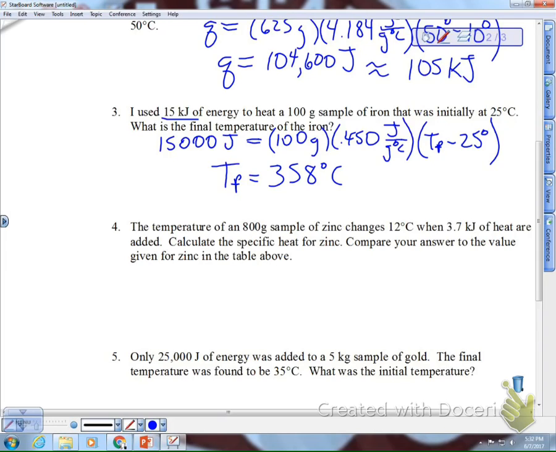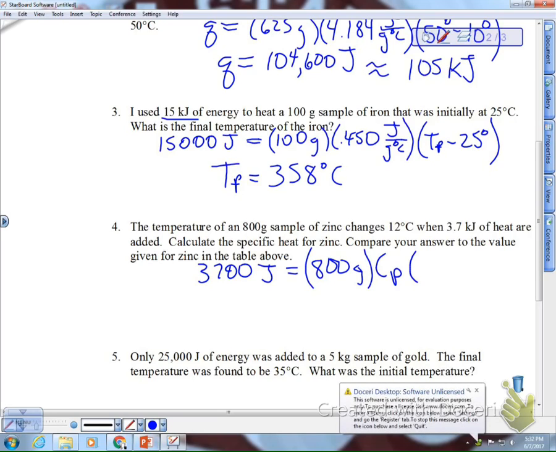And number 4, we're going to try to plug in some numbers here and calculate the specific heat of zinc. Just match it to the chart, see how close our numbers get. So this time we have 3.7 kilojoules of heat. Again, make sure you get that into joules. So 3,700 joules. We have an 800 gram sample. We're going to find that specific heat.